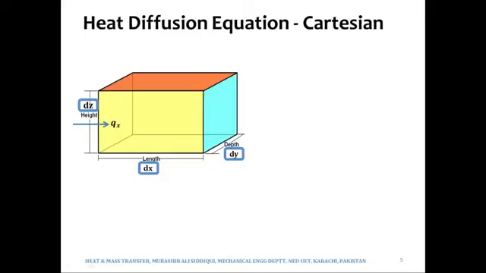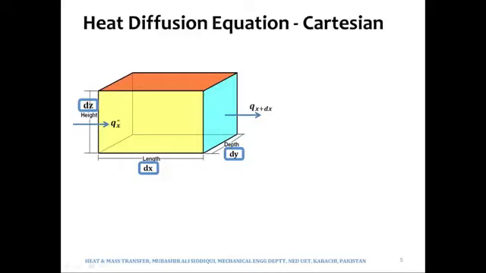Now, for that same differential element, we start with Qx. If we say that the heat or energy that comes in the x direction is Qx, it will come into the left side face, and the heat that goes out of this control volume from the right side face is Qx plus dx.